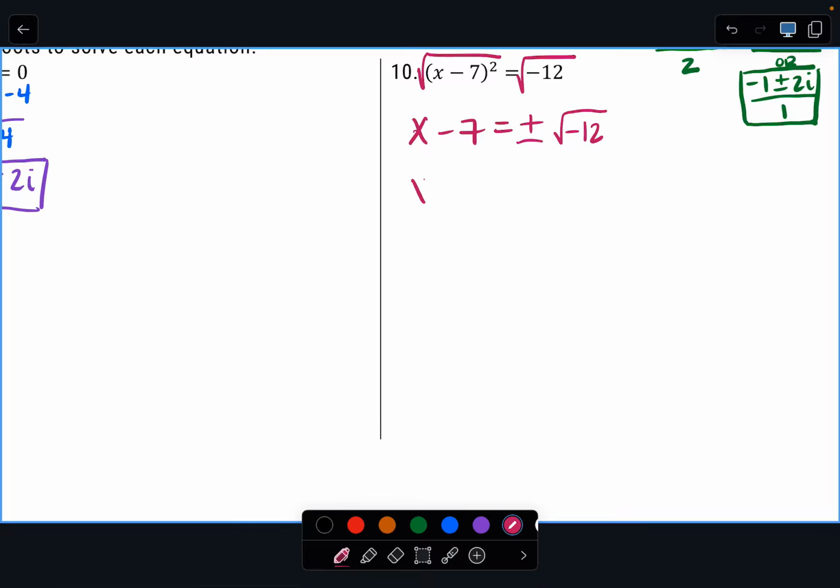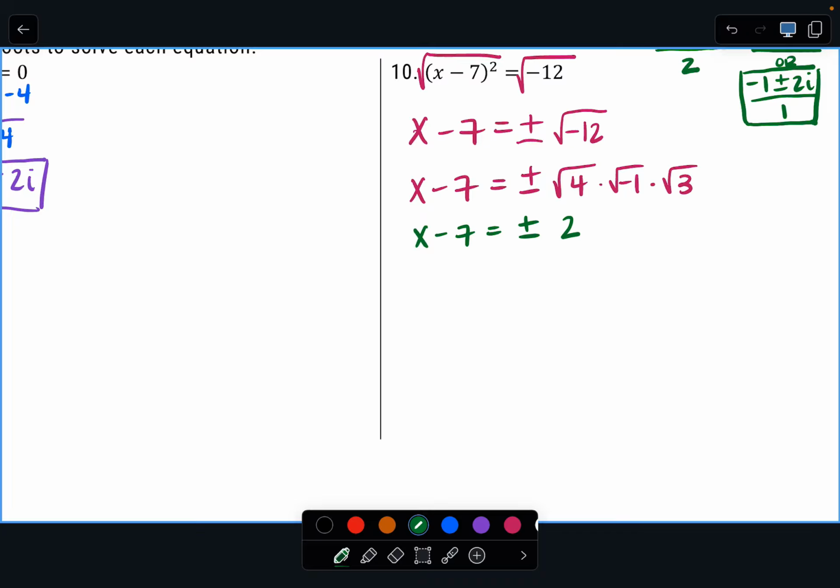So I'm going to have x minus 7. And just to write this in a way that hopefully makes sense, we are going to have this as the square root of 4 times the square root of negative 1 times the square root of 3. This step that I just wrote, you don't have to write this. If you can do that in your head and know 4 and 3 are the factors, that's perfectly fine. The only reason I'm writing it like this is so that you can see this is going to turn into, what's the square root of 4? 2.